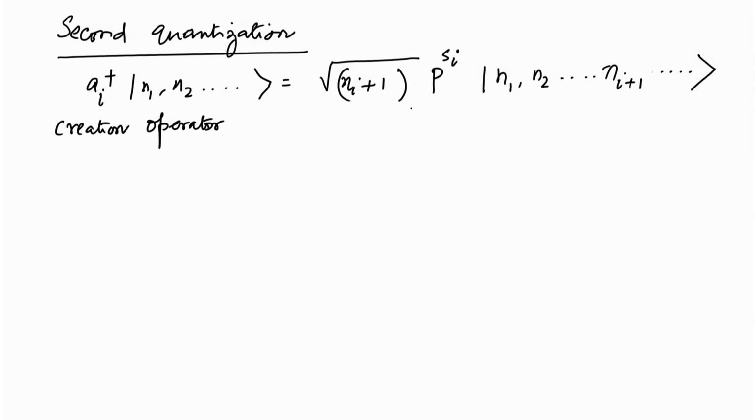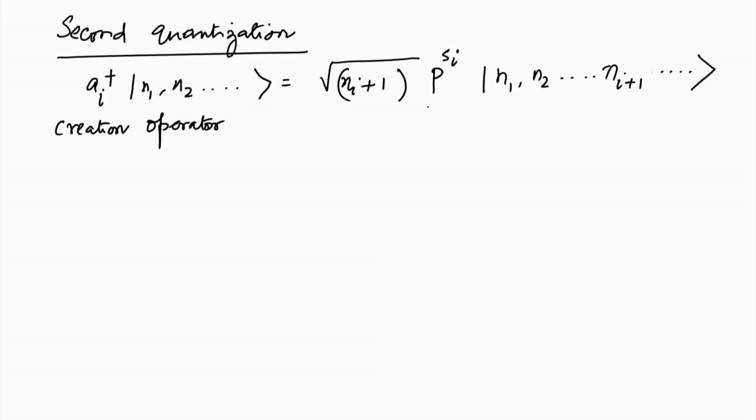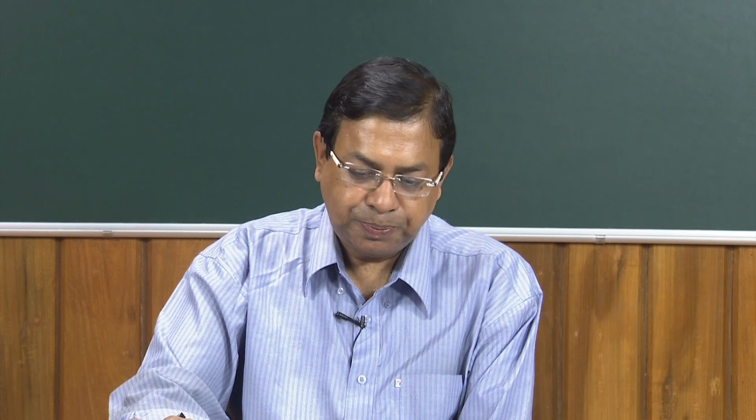Additionally, to take care of the symmetrization requirement, it brings in another factor which is p to the power s_i, where s_i is equal to the summation over j from 1 to i minus 1 of n_j. So, we will have to sum over all the occupancies up to that ith site, just before the ith site, and that ith site, of course, the occupancy is raised by 1.